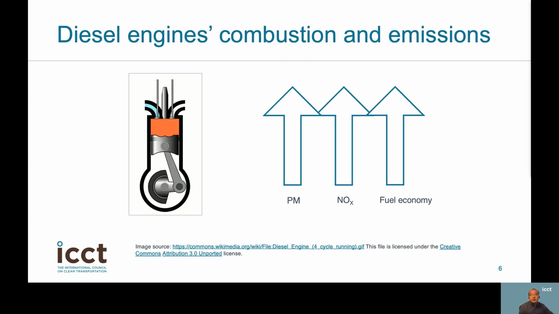Diesel engines have the advantage of being efficient and delivering great fuel economy, which is why they are popular for commercial and heavy-duty vehicles. However, engine-out emissions of particulate matter and NOx are higher for diesel engines than gasoline and CNG heavy-duty vehicles. This has promoted the development of modern emission treatment control technologies to reduce air pollution from diesel engines, as we mentioned in Module 1.